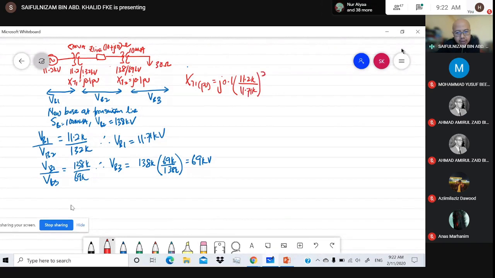So don't forget the square of the base voltage, times the new base power, which is fixed at 100 MVA, divided by the old base power, which is 5, right?